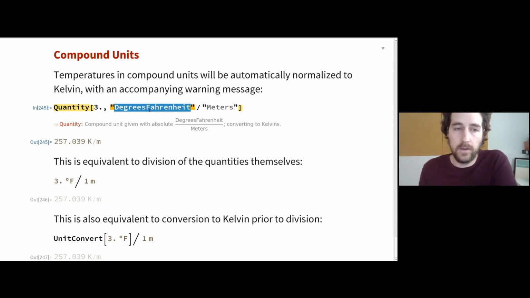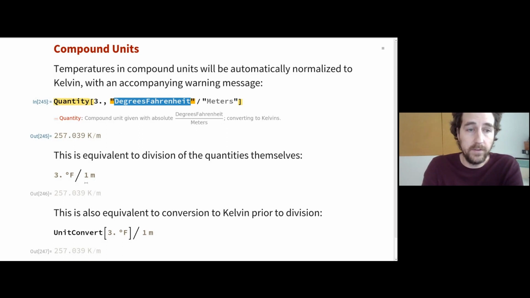We are extremely rarely going to run into a scenario where you have an absolute temperature per another physical quantity. And again, this operation is equivalent to taking the original quantity in temperature and dividing it by another unit. Same thing as first converting to Kelvin and then dividing by another unit.